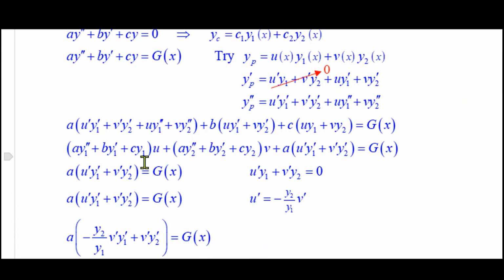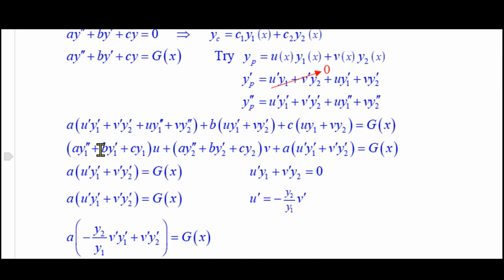Like terms. So u appears here and here, right? So this is u, oh, there's u, so we distribute, that's u, y double prime, and then here's u, so b of y prime, and then here's u, c, right?